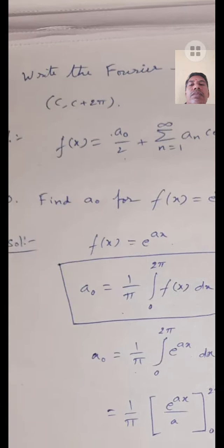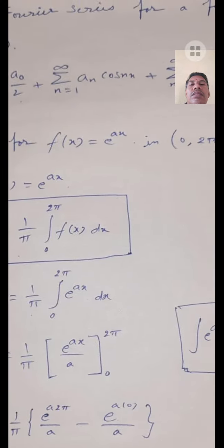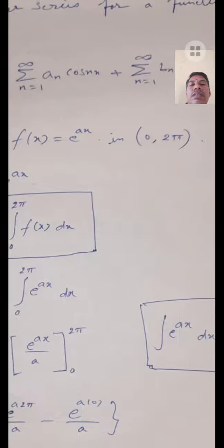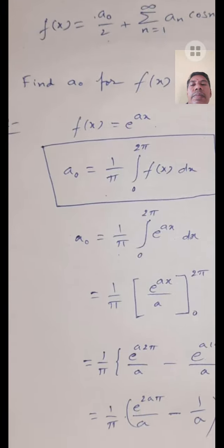So find a naught for f of x equals e power ax in 0 to 2 pi. So a naught means we have one formula, that is 1 by pi integral 0 to 2 pi f of x dx, 1 by pi integral 0 to 2 pi e power ax dx.